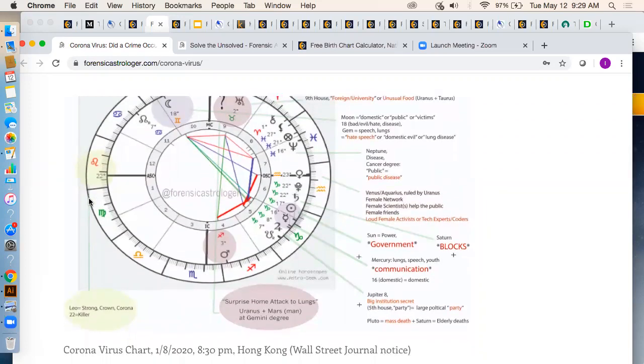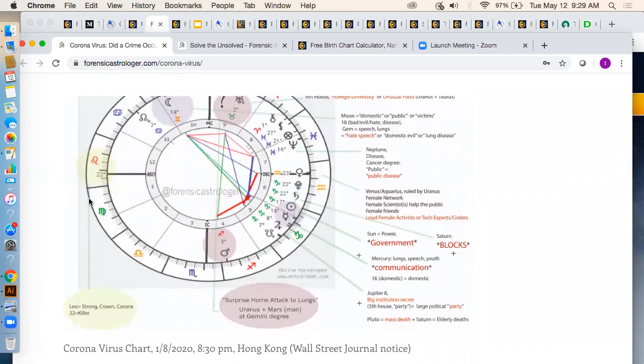So the next step is to find in the chart the ruling planet of the zodiac sign you're analyzing. Here's what houses the ascendant, and that is the sun, which is the lord of Leo. So you're going to look for the sun in the chart over here. And sure enough, it's in the 5th house, traditionally a Leo house. The sun in crime charts means a killer, but here it can also mean someone in power.